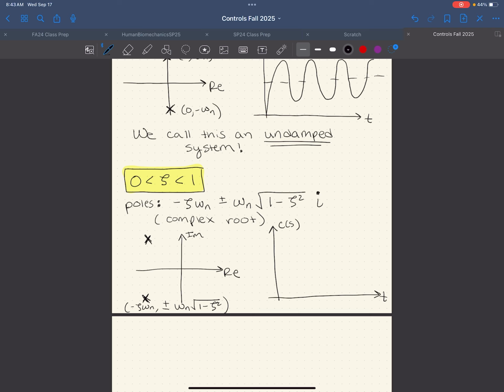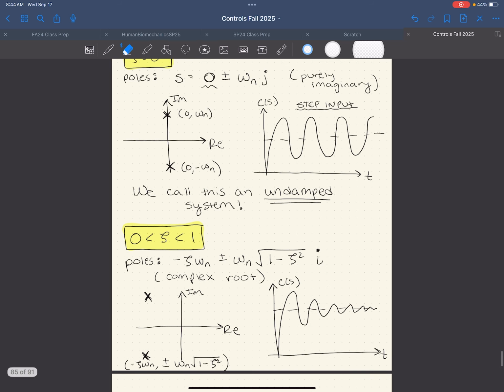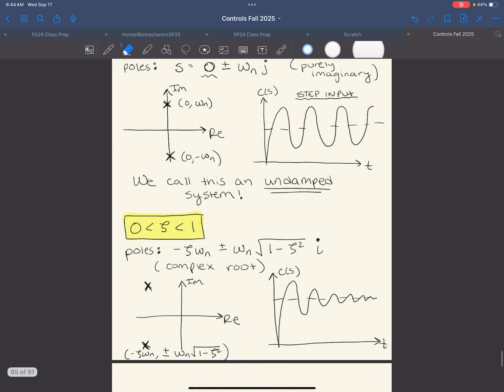And for systems that look like this, the response will look something like this. So it turns out that anytime we have an imaginary component, we will have oscillations in the time domain. But the difference between our undamped system and what we're looking at now with damping is that these oscillations will attenuate over time.